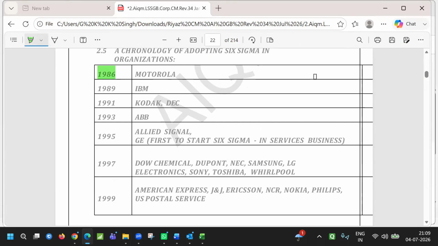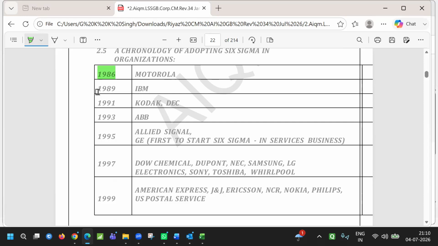Motorola has never been serious about the handset business. When we say Motorola implemented Six Sigma, it was in the communication division. And that too they had to do because they were facing a lot of competition from the Japanese companies. And they had to do something different to continue their survival in the business. Then they got good success.